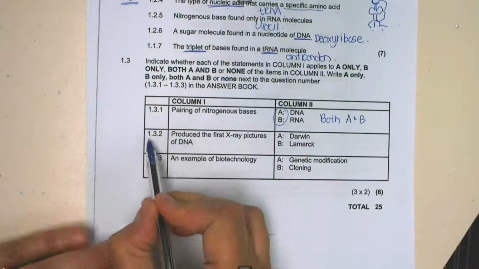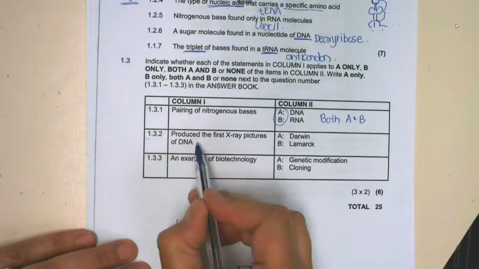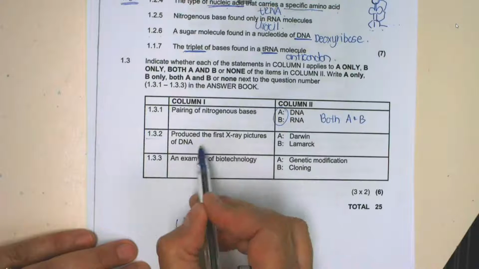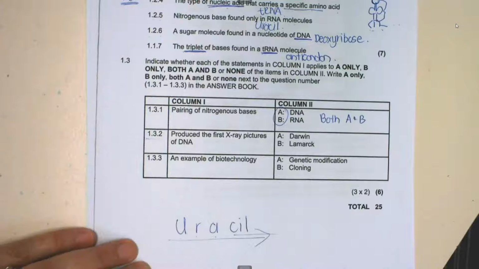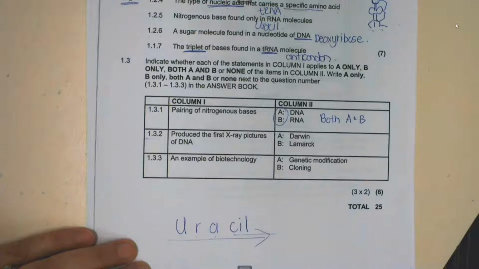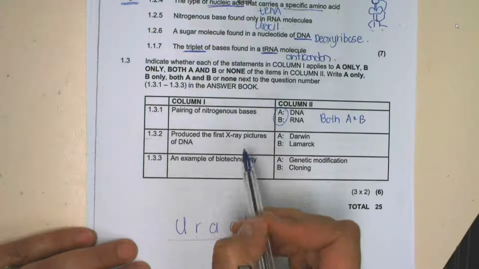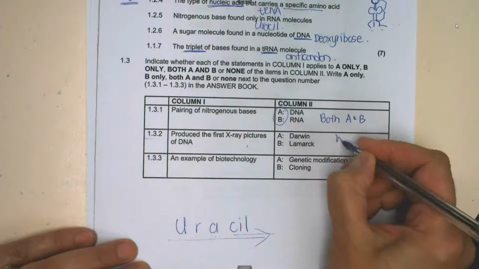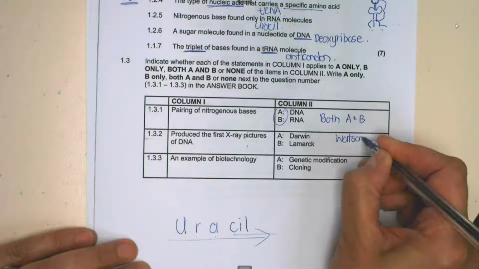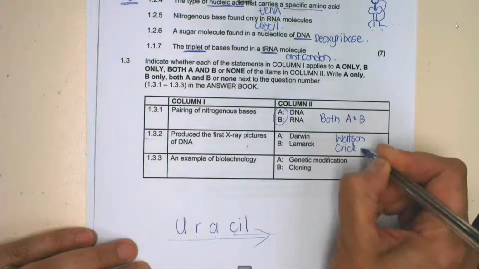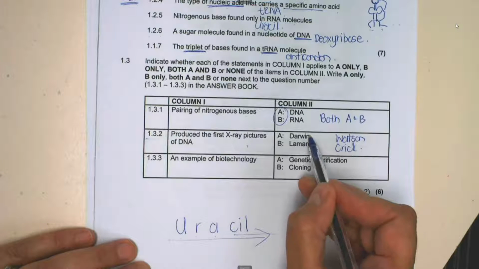The next one, 1.3.2, they say produce the first X-ray pictures of DNA. Now, if you remember, there's only 2 names that you need to put in your brain when it comes to DNA, and that is Watson and Crick. Now, these two guys here are Darwin and Lamarck.